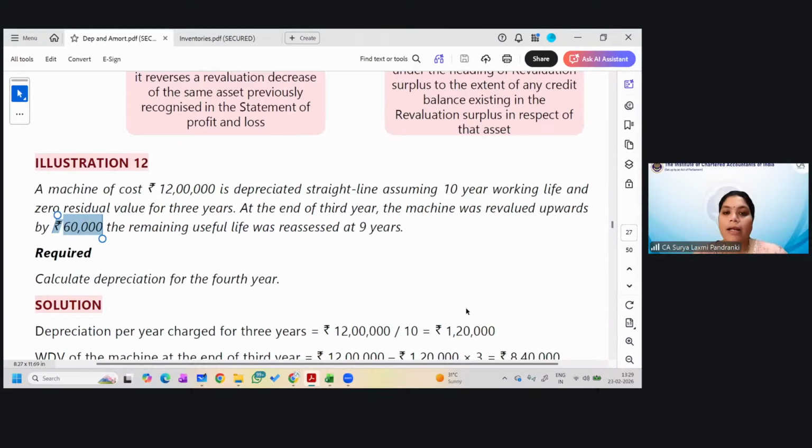Suppose you purchased it for 12 lakhs, but after 2 or 3 years, you realize that the value is not 12 lakhs, it is 15 lakhs. You can record 15 lakhs, subject to the fair value that is existing in the market. So here there is an increase in the value of how much? 60,000, right?